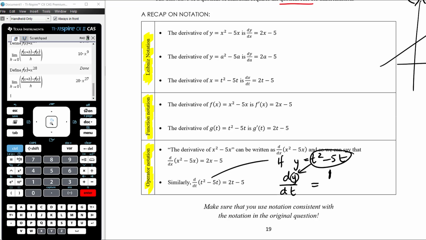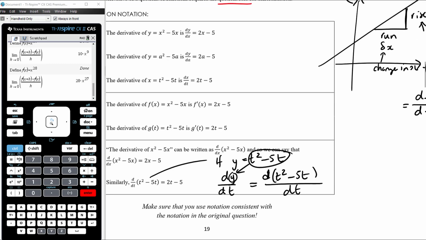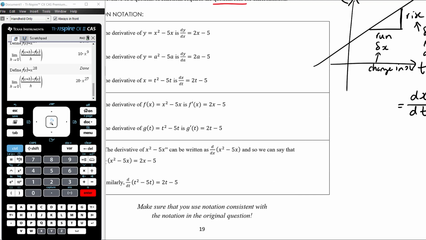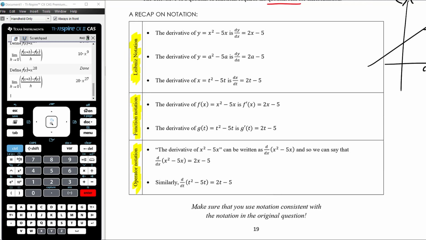We can write it straight away as the derivative of t squared minus 5t all over dt, with respect to t. And again, we can take out that fraction and write it this way. It's simply a way of writing the derivative of something without needing to introduce y or f of x, without needing to make an equation.